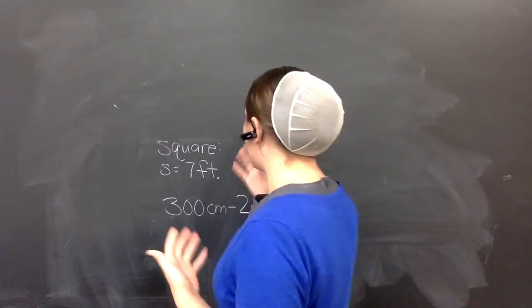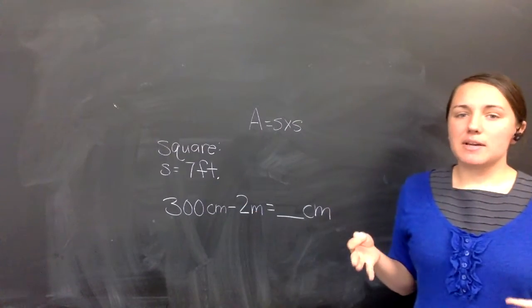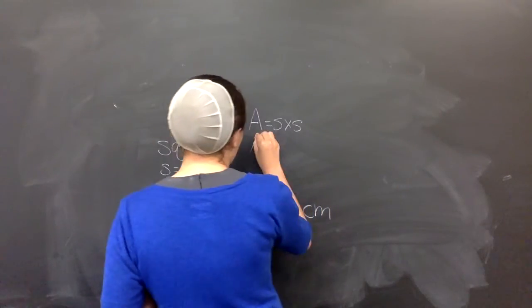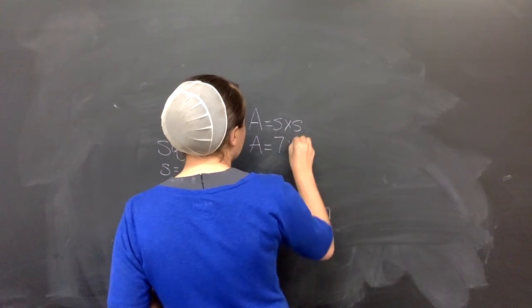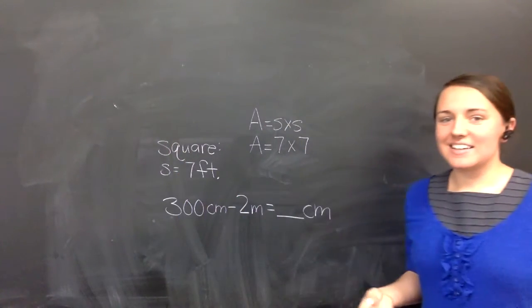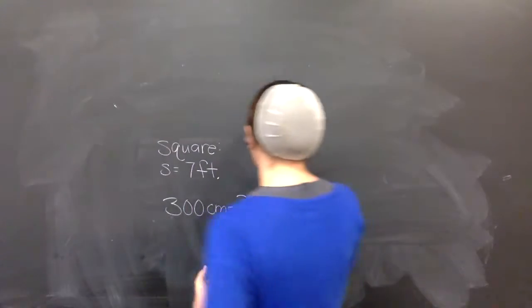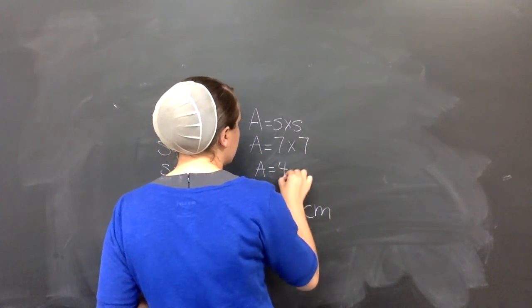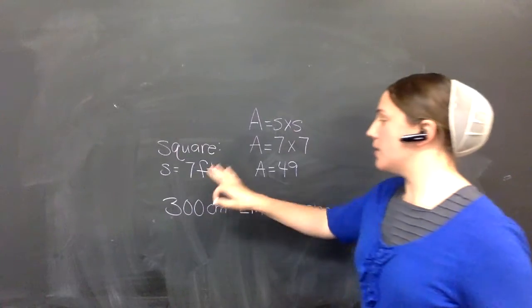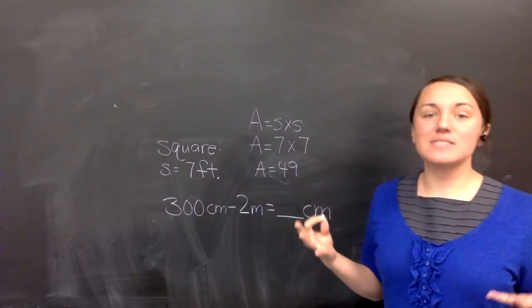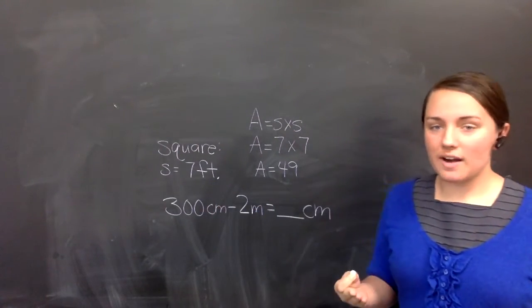Okay? So now, this square here, every side measures 7 feet. So we have A equals 7 times 7. Okay, so now we need to multiply, and that will give us the area of our square. A equals 49, and our label should be in feet, and because we are measuring area, it is square feet.